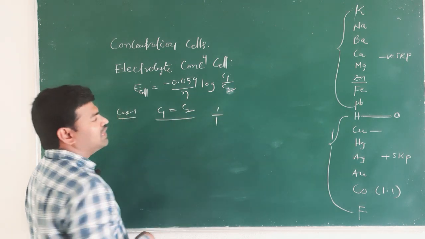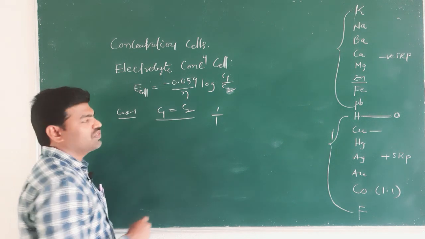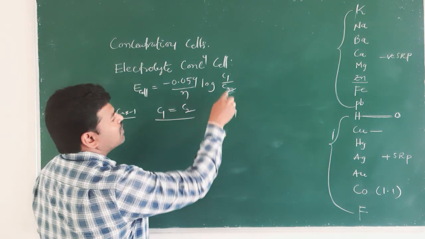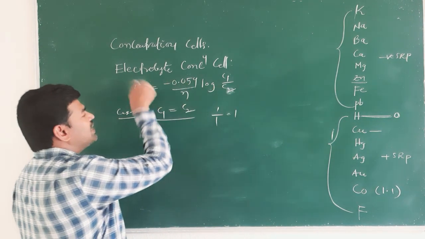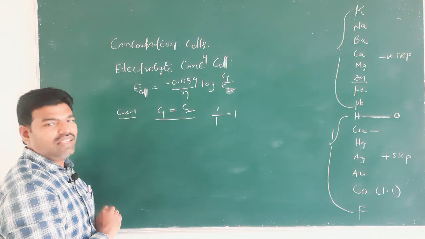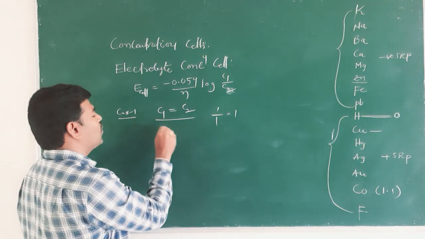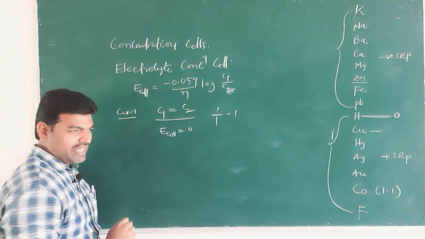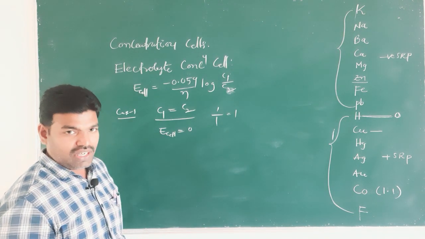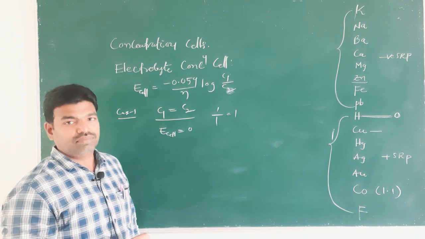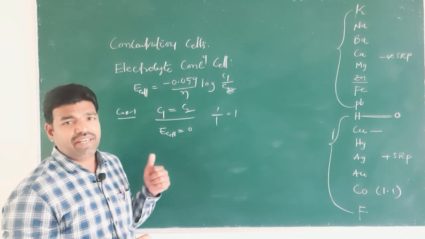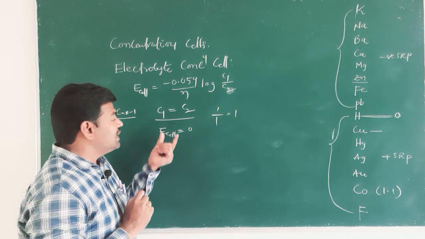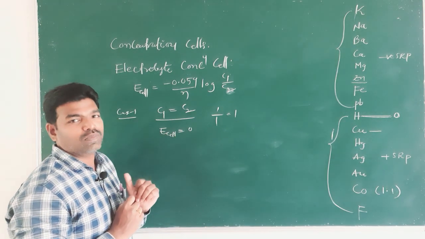For example, if you take C1 as 1 and C2 as 1, 1 by 1 is 1. Log 1 is 0, then E cell is 0. So when the concentrations of the two electrolytes are equal, E cell is 0, right?